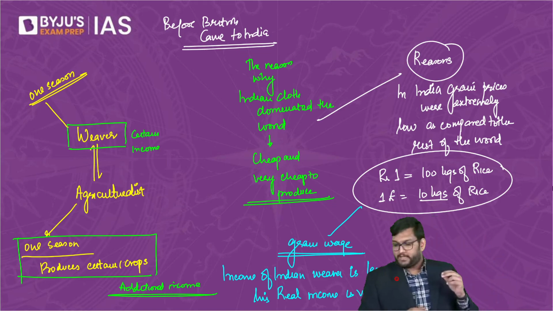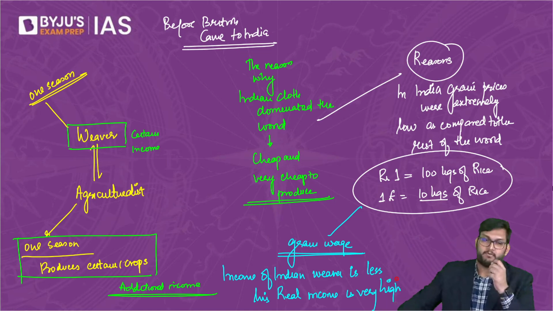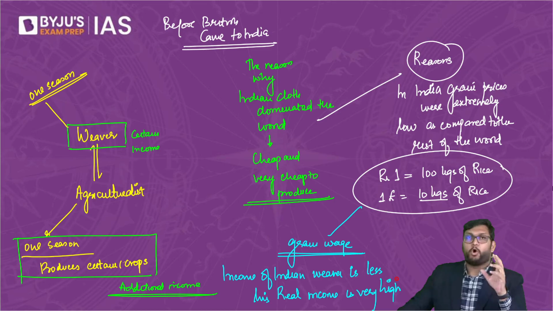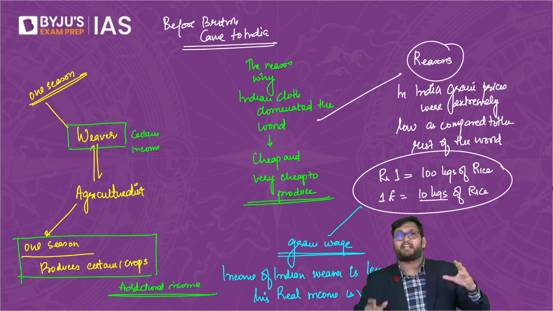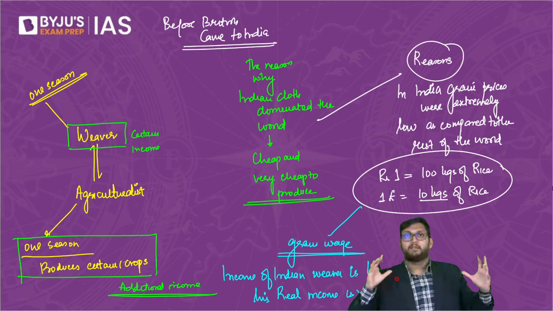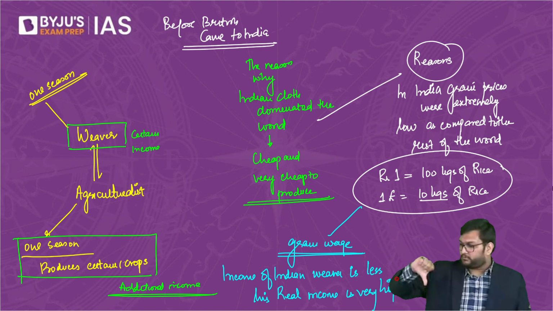Nominal and real income. Basically, I pay you 1 lakh rupees. But the rent in the city is 50,000 rupees and food is 30,000 rupees. So though your nominal income sounds big, 1 lakh rupees, is real income high or low?